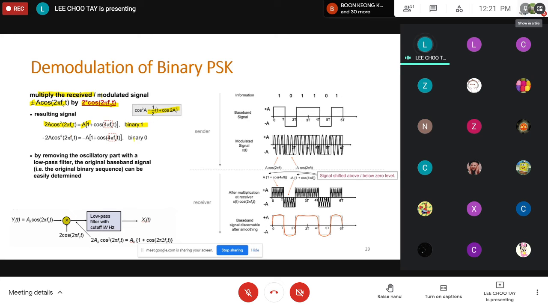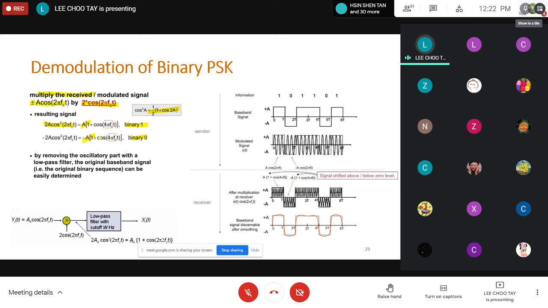If it's a binary 0, then the output of the multiplier will give you a DC value of minus A, plus again the high frequency component. So how do we recover the signal?